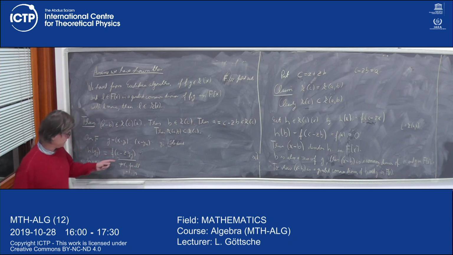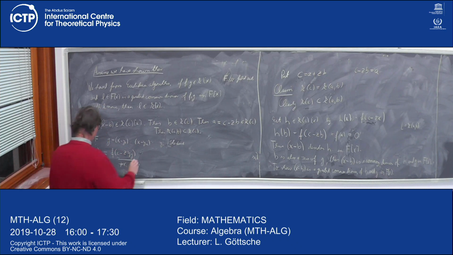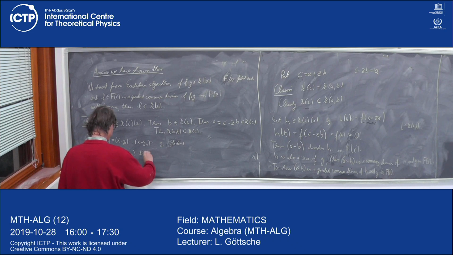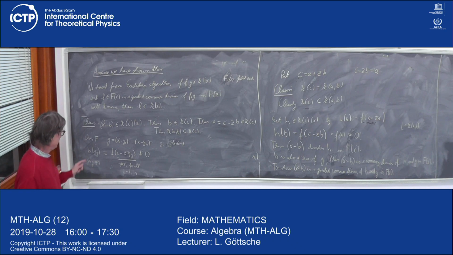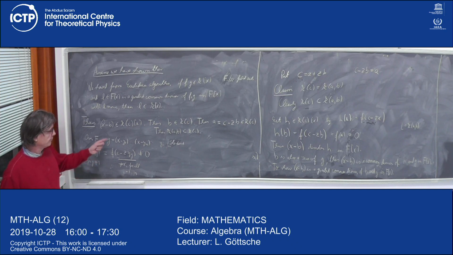These are precisely the zeros of f, so this is not 0. So we see that h does not vanish at any of the yj's different from b.